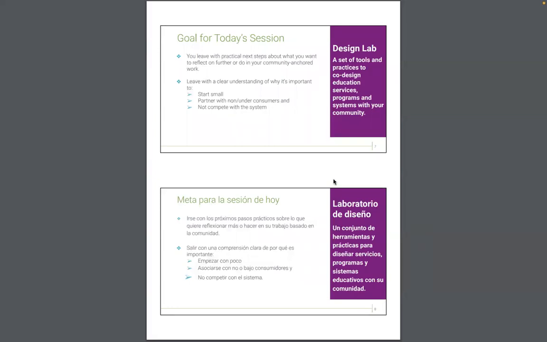So here is what we've got for today's session. I talked a little bit about Design Lab in the opening. It is a set of tools and practices to co-design education services, programs, and systems with your community. In another session, we go really deep into what all is in Design Lab, how you can access it, and I'll talk about that in a moment.